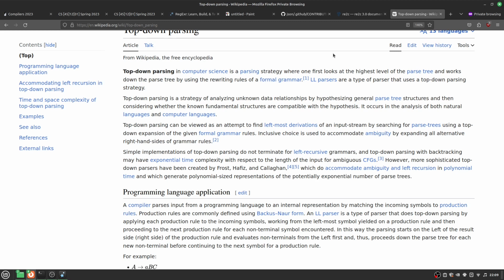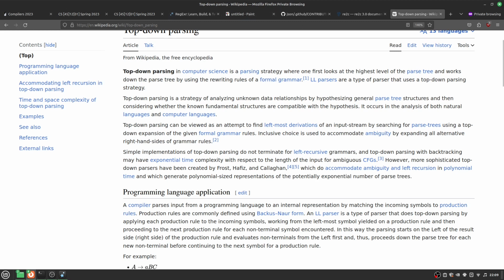Top-down parsing can be viewed as an attempt to find the leftmost derivations of an input stream by searching for parse trees using a top-down expansion of the given formal grammar rules. Inclusive choice is used to accommodate ambiguity by expanding all alternative right-hand sides of grammar rules.